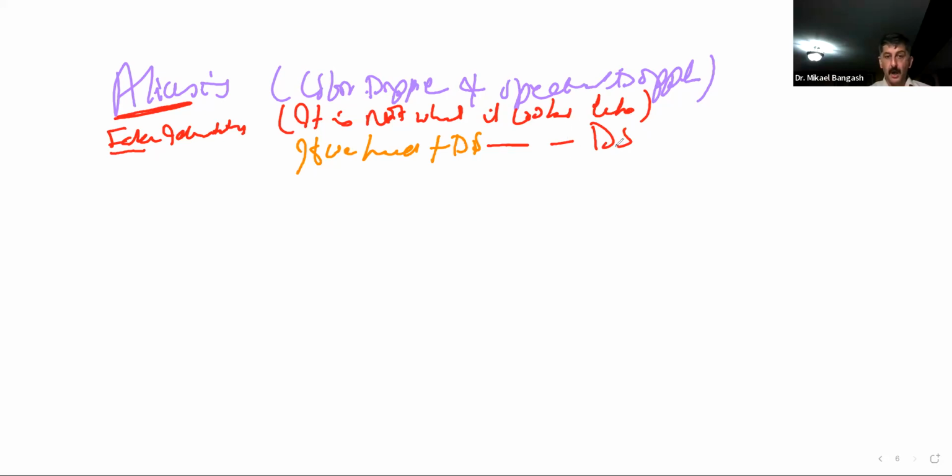So it will show up as a negative Doppler shift, although it was not negative; it was actually a positive Doppler shift. On the other hand, if we had a negative Doppler shift, it will also show up as a positive Doppler shift, which is the aliasing.